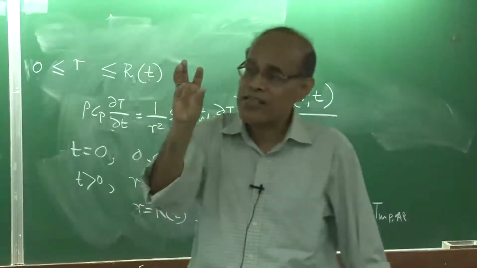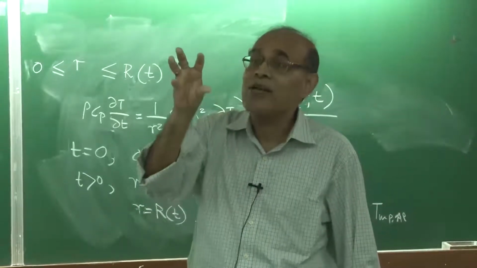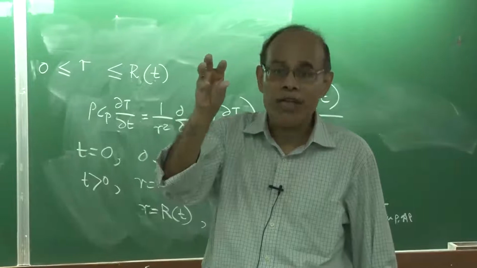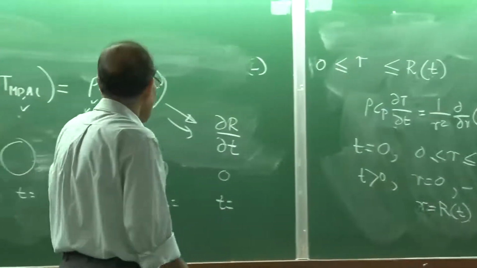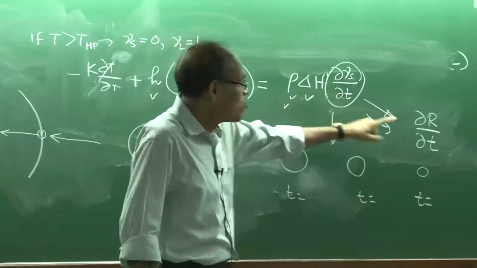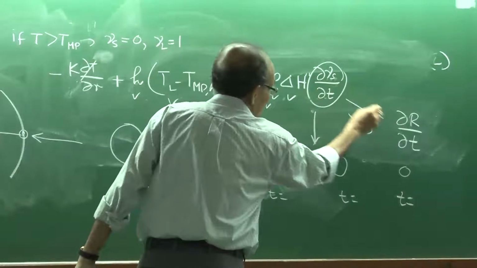The domain is not fixed as a function of time. The domain in which you are calculating the temperature field itself is changing as a function of time. Okay? So, I will continue with this. If you cannot correlate the two, I will write down the expression in the next class and then show you how this term becomes.